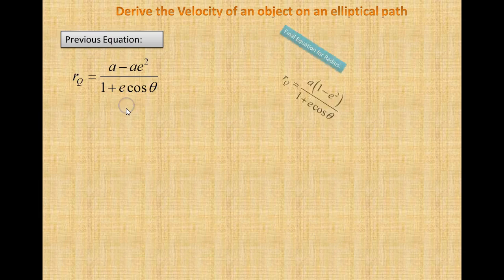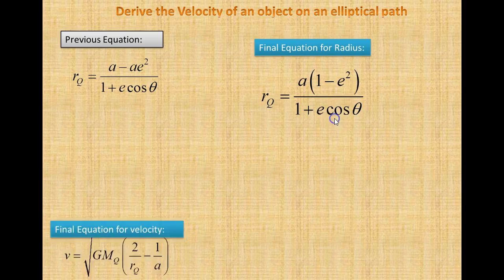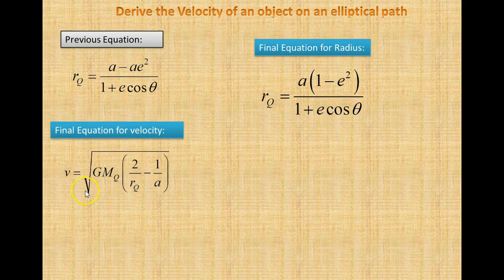Here's our previous equation. Factoring out A, we get our final equation for radius. RQ is equal to the semi-major axis A times 1 minus the eccentricity squared divided by 1 plus eccentricity times the cosine of theta.